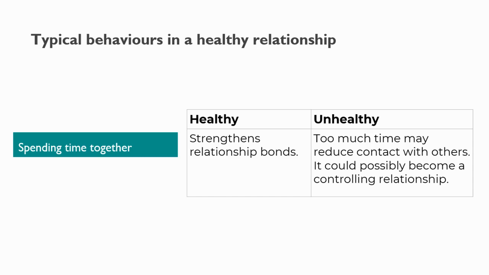So we only solely focus on that person and we neglect others around us. It could easily also become a controlling relationship where one person could start saying, well, why are you spending time with them? Where are you now? Why are you not here where you said with me? So we need to make sure that we keep those boundaries in a relationship and that it's a safe space.